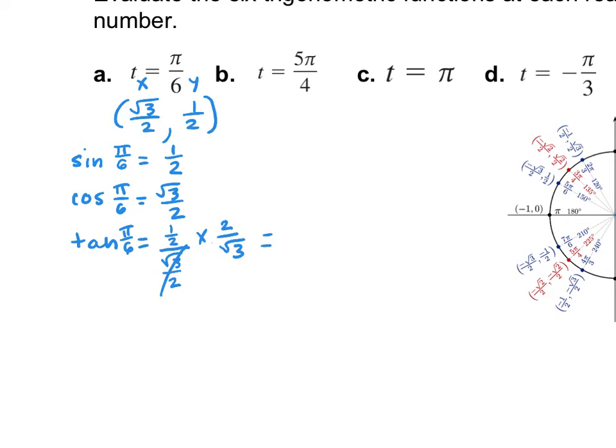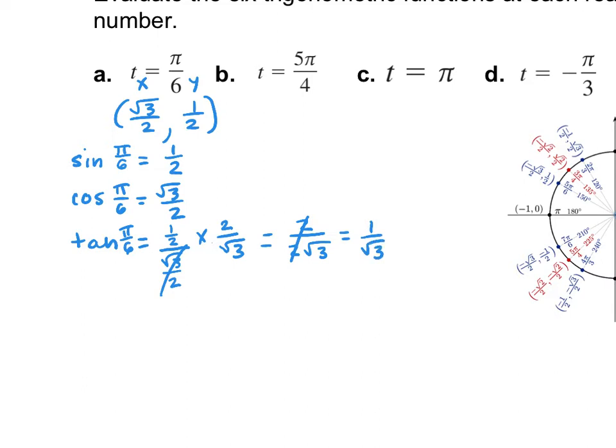Keep, change, flip. Now we multiply our fractions, we just multiply the numerators together and then the denominators. So 2 times 1 would be 2. 2 times square root 3 is 2 square root 3. Can we simplify this? Yep, the 2's cancel out.